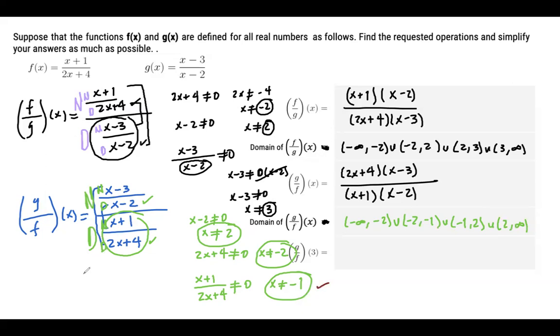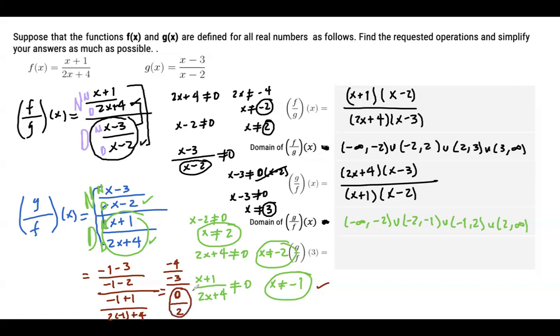Well, if you substitute the minus 1, it's going to be minus 1 minus 3 divided by minus 1 minus 2, divided by minus 1 plus 1 divided by 2 times minus 1 plus 4. Doesn't matter what happens with all of those, we're going to end up with minus 4, then minus 3 divided by 0, and then 2 times minus 1, that's minus 2, plus 4, that's 2.